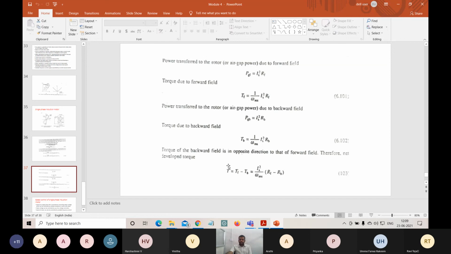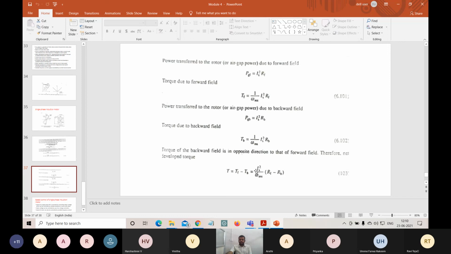And the total torque will be given by the torque at forward field and torque at backward field. So the torque at forward field and torque at backward field.